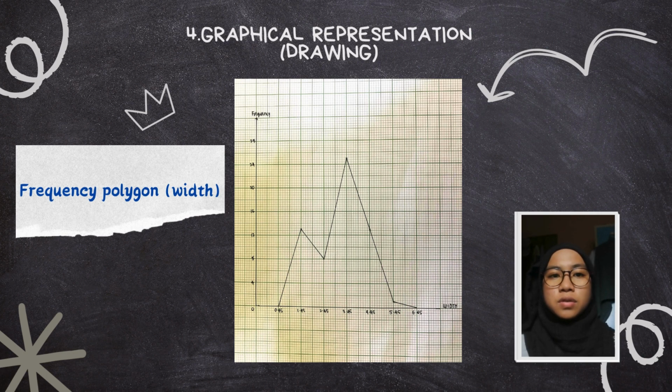And 1.0 to 1.9, we got 13 frequency. 2.0 to 2.9, we got 8 frequency. 3.0 to 3.9, we got 25 frequency. 4.0 to 4.9, we got 13 frequency. And 5.0 to 5.9, we got 1 frequency. This graph shows the frequency decreasing and increasing.